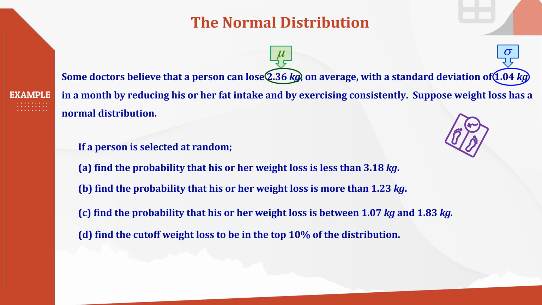If you review each question, you can see 4 numbers in the same unit, kilogram, with the mean or standard deviation in the first 3 questions. So those values are x values, and we find probabilities. On the other hand, you can see the percentage in the last question D. So this question is asking for the original observation x value given probability.